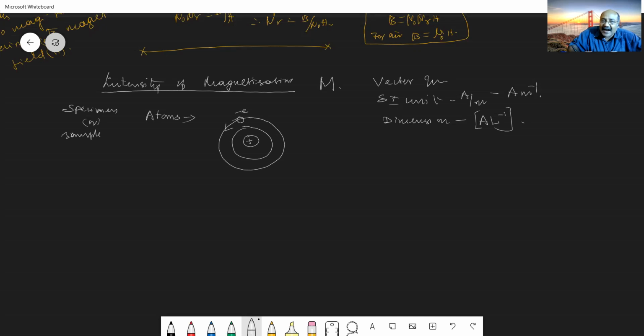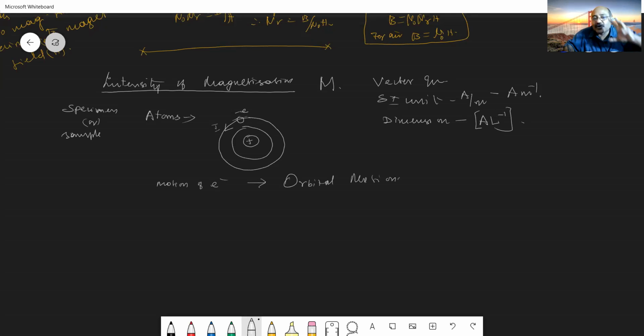When the electrons are in motion, they develop an electrical current in a direction opposite to the direction in which the electron is moving. The motion of the electron is called orbital motion.